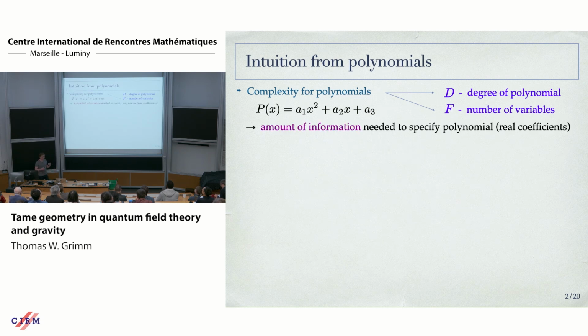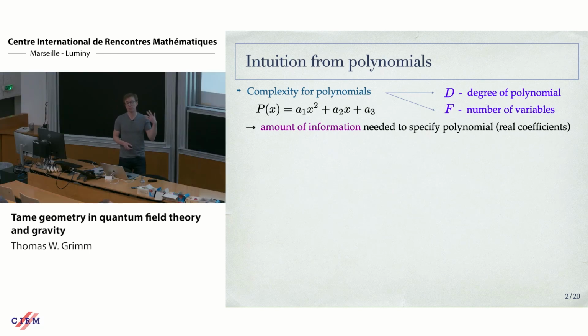But another way of thinking about F and D is to consider it as a label of the amount of information which one needs to define this polynomial. With amount of information, I really mean in this case the number of real coefficients. Of course, this follows just from a function of F and D, but it's encoded in F and D. Okay?